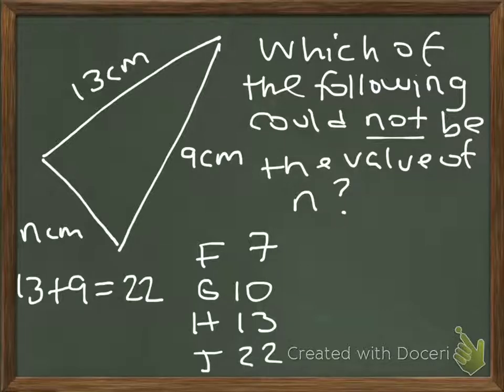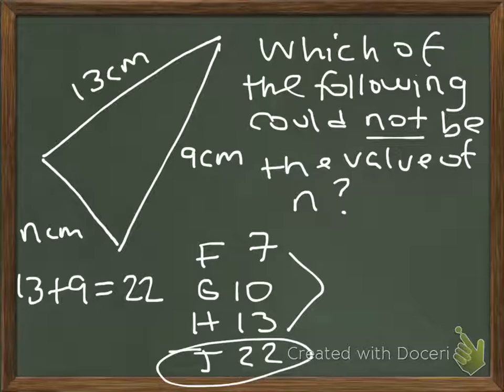So which one would be less than 22? And that would be these 3. If it's equal to 22, that would not be an option, so 22 is not our value for n, because the value has to be less than the sum of the other 2 sides.